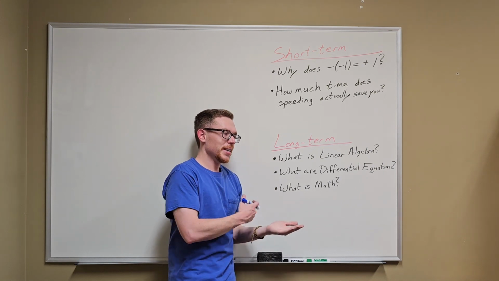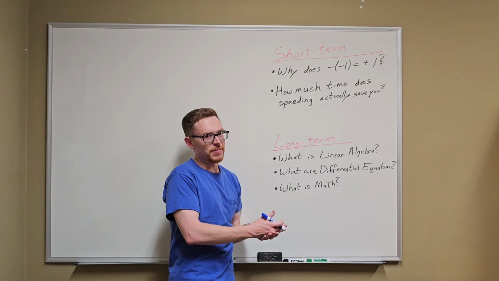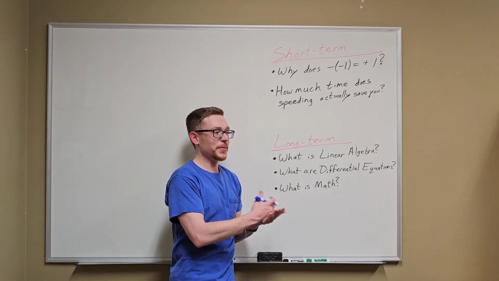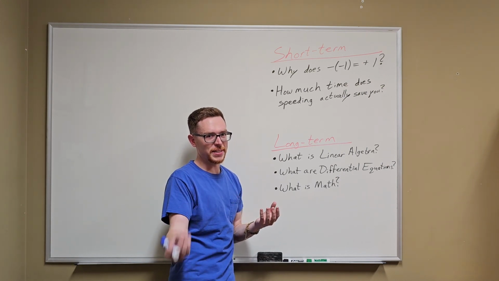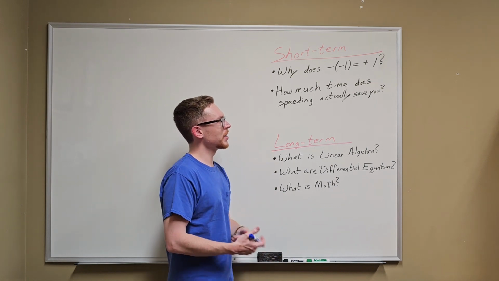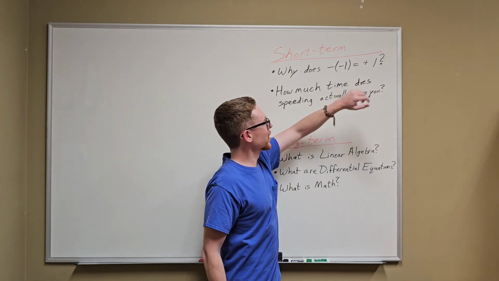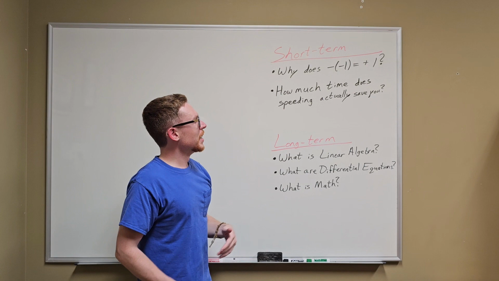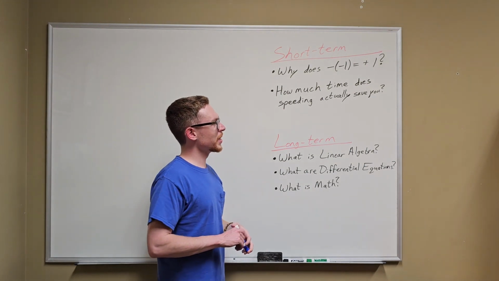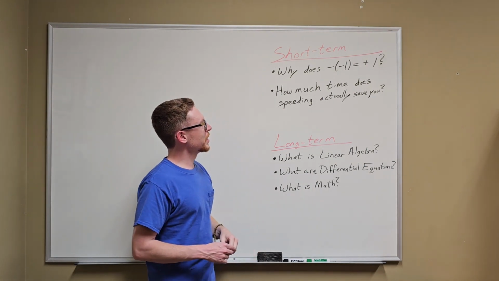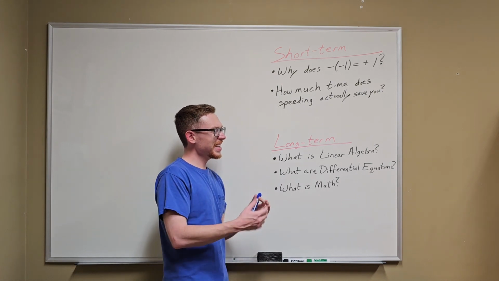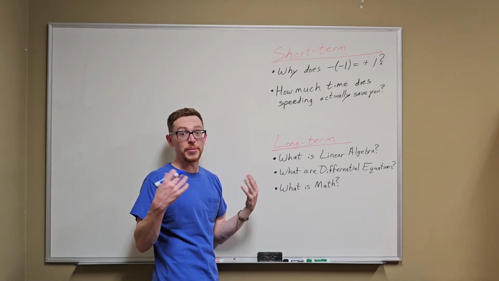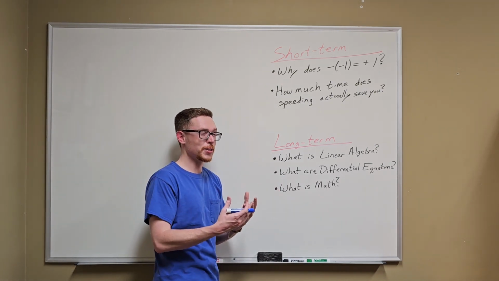We know negative negative 5 is 5, or negative 2 times negative 3 is positive 6. But why do those negatives cancel each other out? Why does multiplying negatives actually give you a positive? I thought that could be a fun short intro back into the channel, digging into this idea that most people know, but most people don't know why it's true.